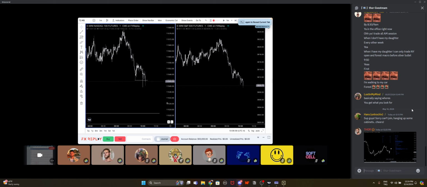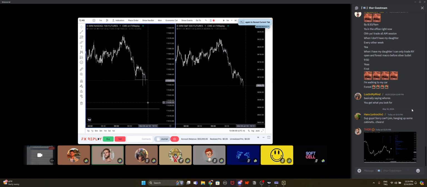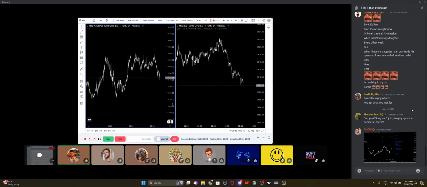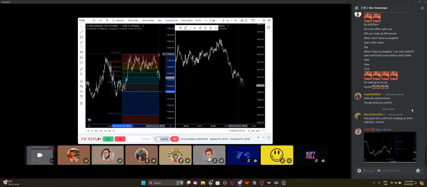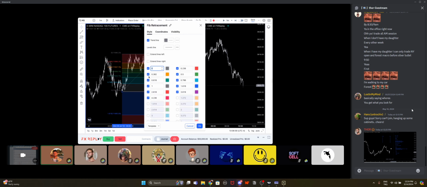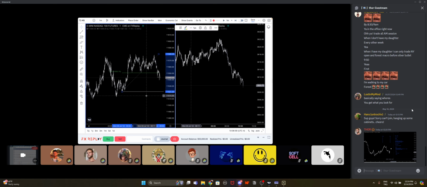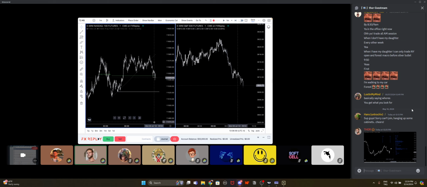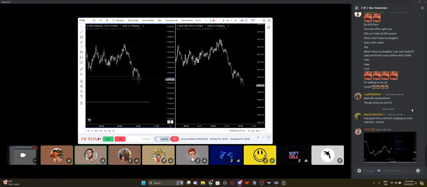It seems like this is range equilibrium also, if you zoom out a little bit. I would take it from the low, personally. So any inversion, any formation of that trap, I think that's when I would look for a long potentially. Right now it looks 50-50.